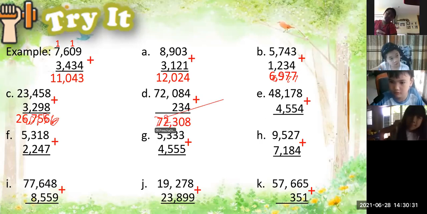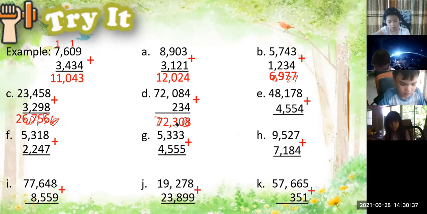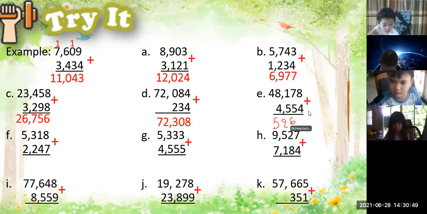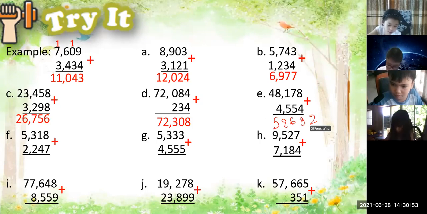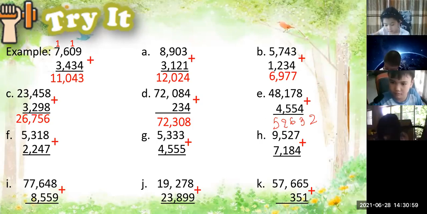Letter D. What's your answer, letter D? Letter E. Okay, letter E. 52,000 and 600?